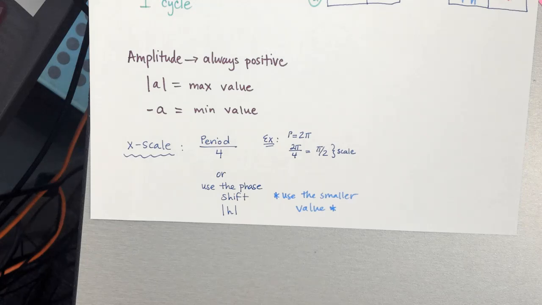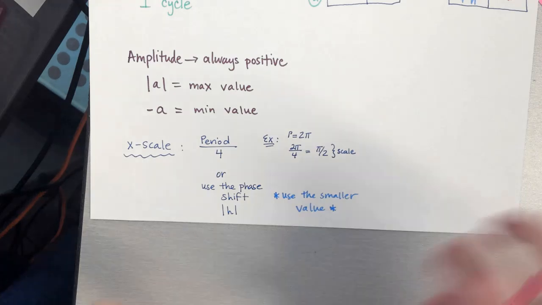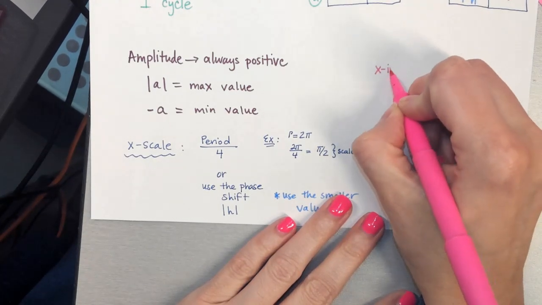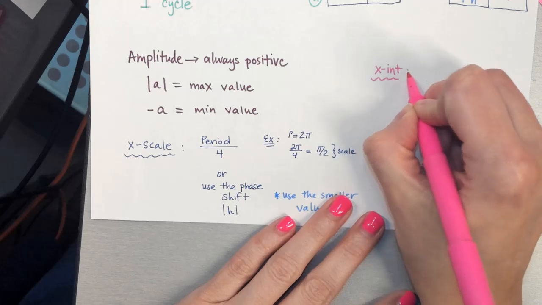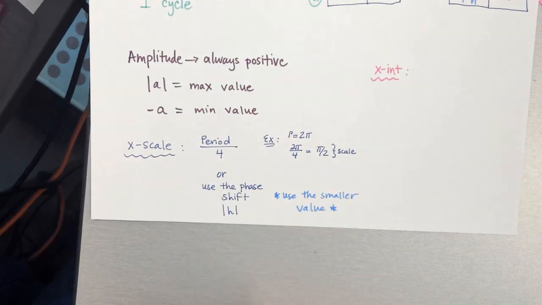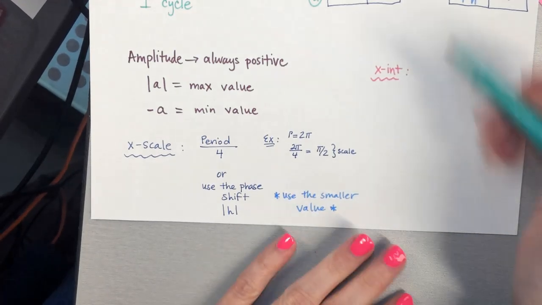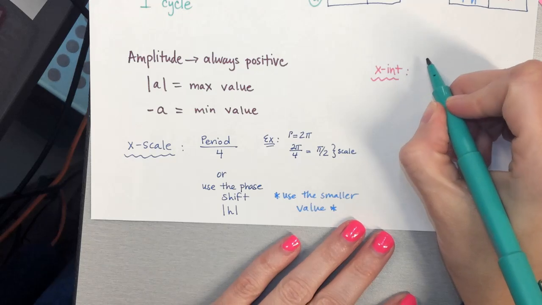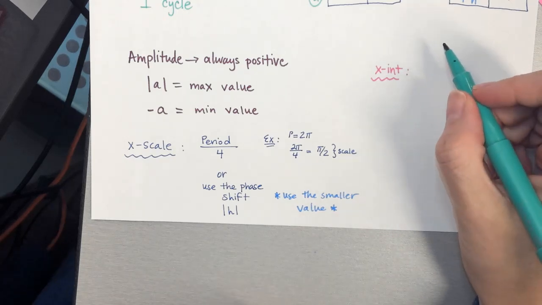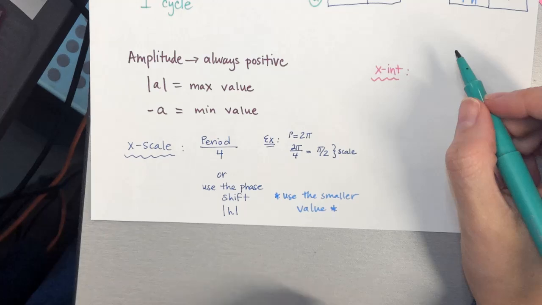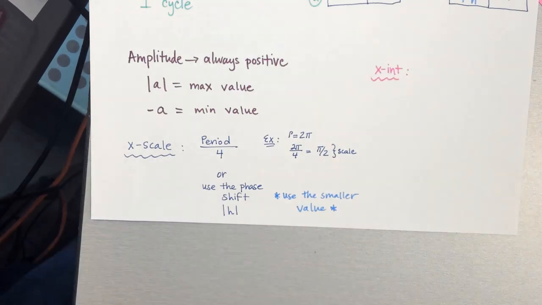The other thing that you have to find are the equations for the x-intercepts. You guys remember how we found those? Sometimes it is the h value if it is sine, because that'll be your first intercept.